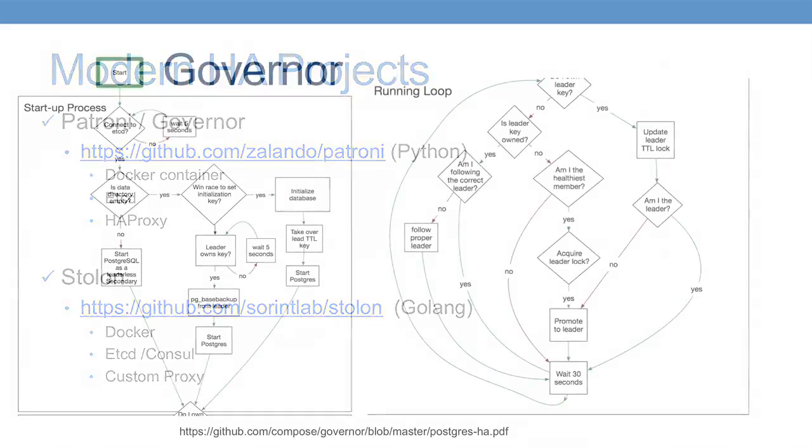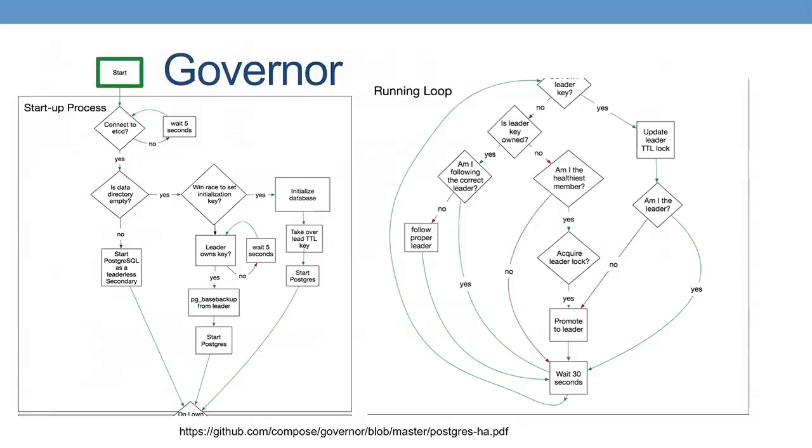So the next question is, how does Governor work? Basically, it's a program that runs with every Postgres installation. When it starts up, it decides whether to make this the master or not, depending on a status that it has. They will all be doing config management of the various things in your cluster.